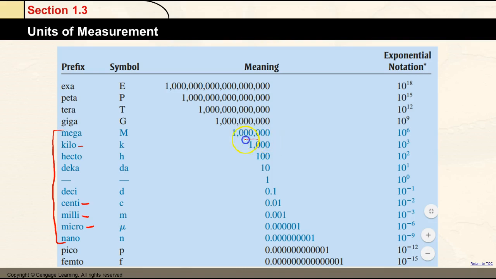If we have a kilometer, that means we have 1,000 meters. Or if we have a centimeter, that means we have 1/100th, or 10 to the negative second meters. So we attach this to our base unit to change the meaning of that base unit, to change how much of that number we have.